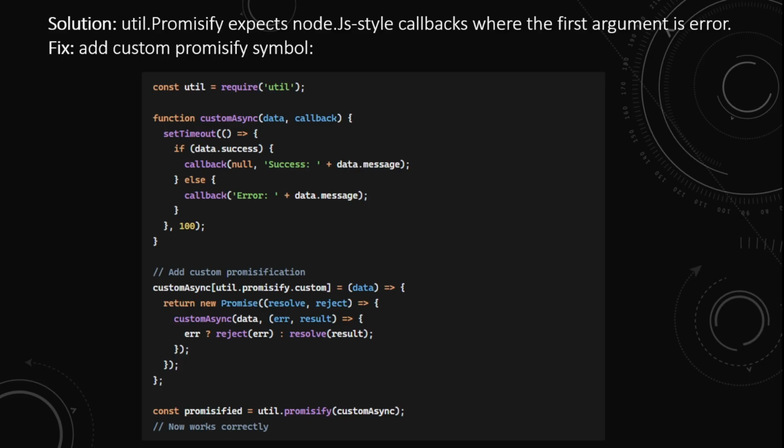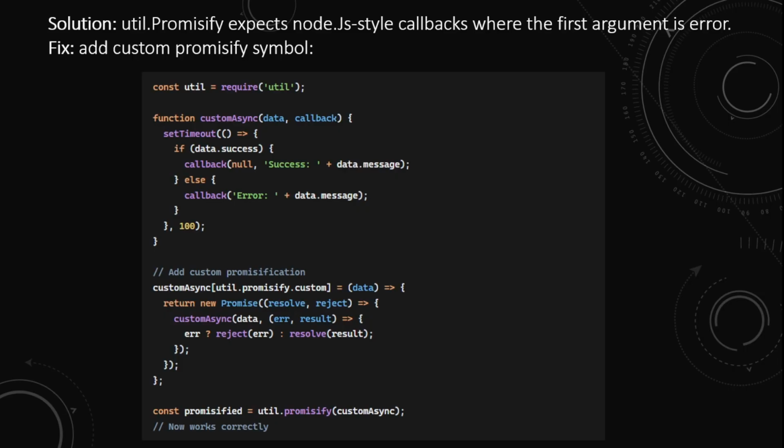There are multiple benefits of custom promisification. Among them, first is the error transformation, which converts string errors to error objects, and another is that it formats the results consistently, which can be normalized as per the provided standards.